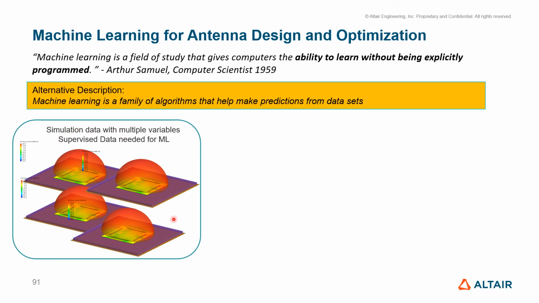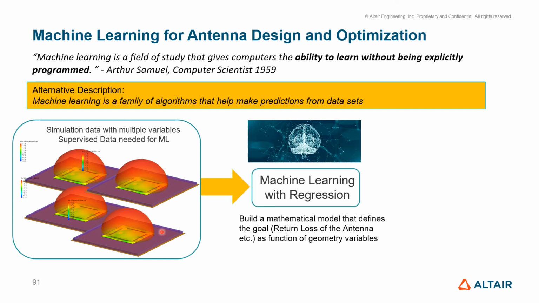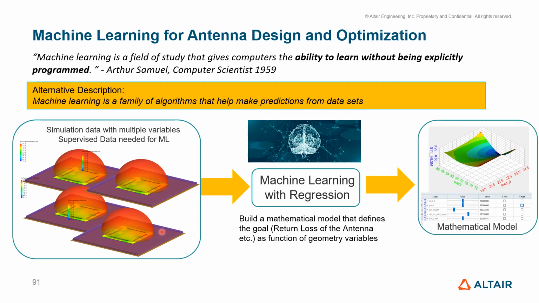So basically, you calculate various electromagnetic parameters with the different parameter variations and create the data that is needed for machine learning. And so the algorithm learns from the data you generated and creates its own mathematical model that can replace the physical model.